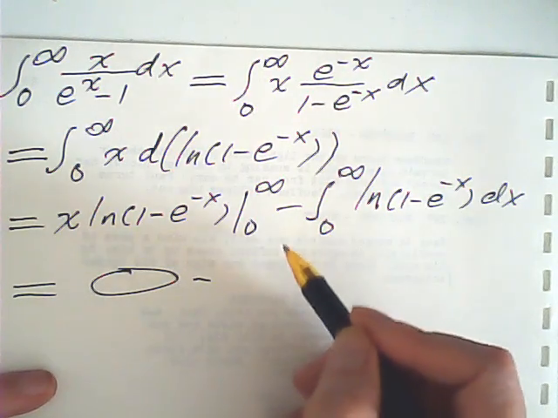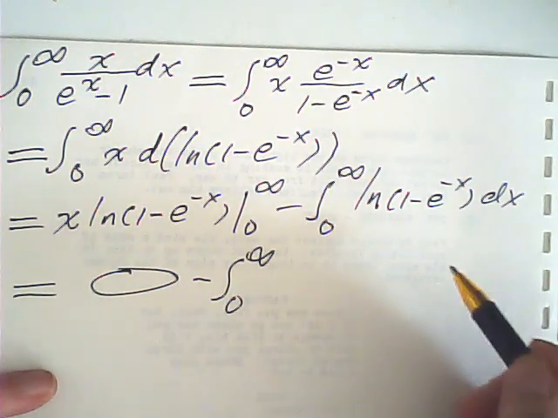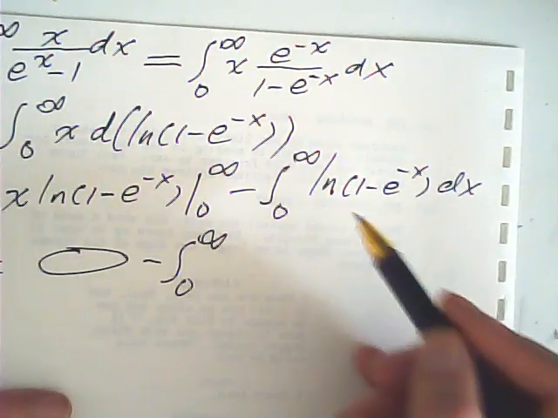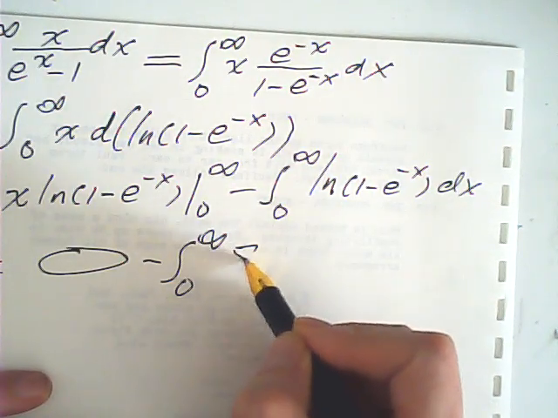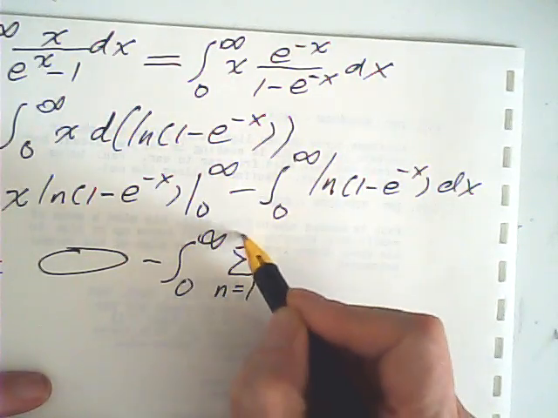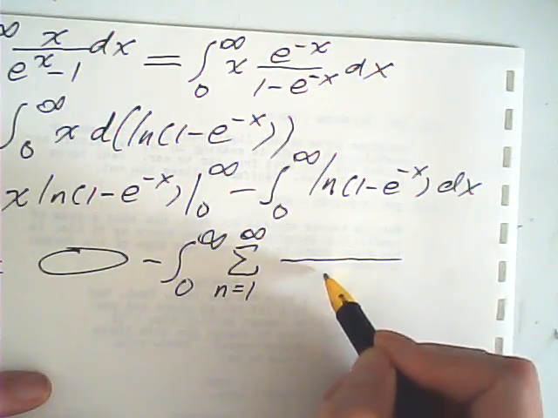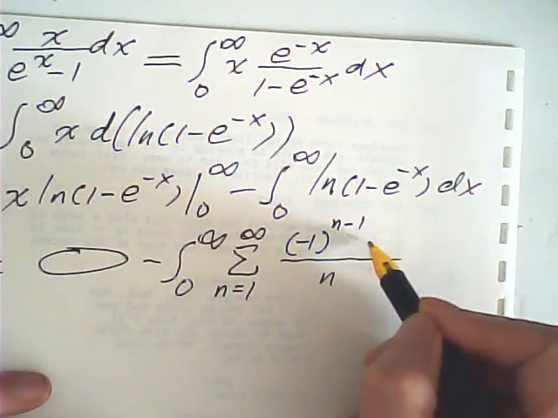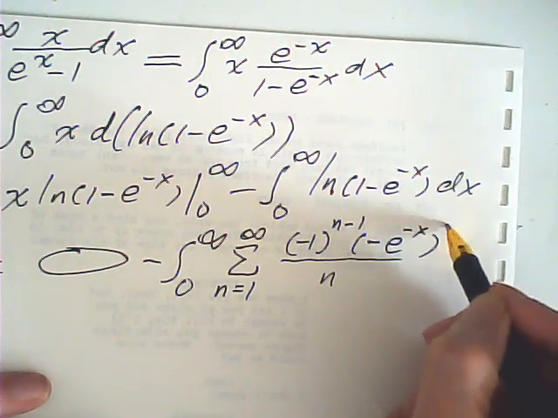For this, I'm using the Maclaurin expansion for the log function. So this one is equal to the sum from n equals 1 to infinity of e to the negative x to the n, over n, with a negative sign.